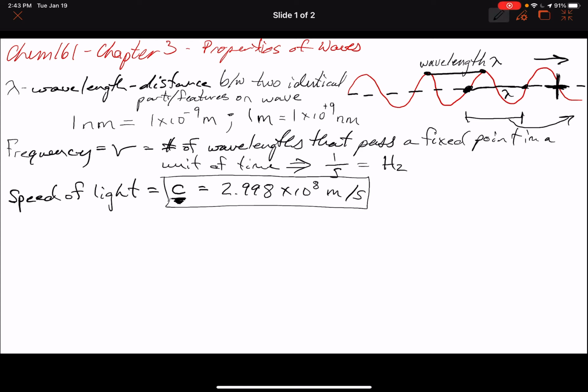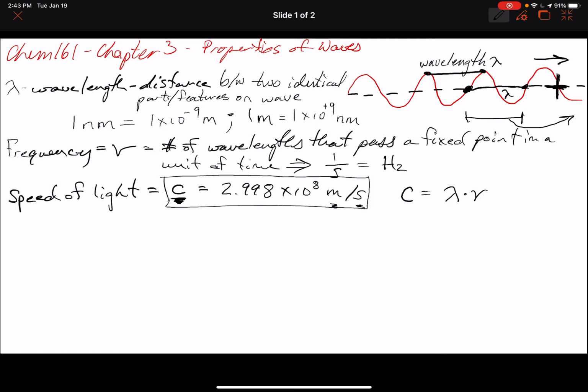Okay, and as we just mentioned a moment ago, the product of the two former properties of a wave equals the speed of light. So we have our first equation here that says the speed of light is equal to lambda times nu. Okay, so that is wavelength times frequency. Now, let's recall that the speed of light is going to have meters per second as its units.